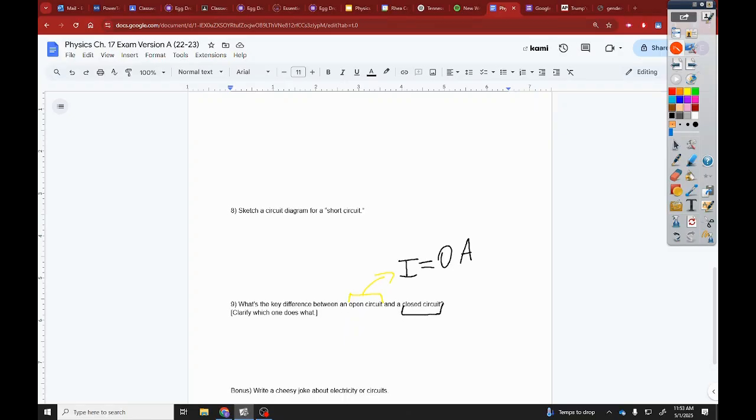This closed circuit, the current would be greater than 0. In other words, in an open circuit, there's no electricity flowing, so that's not of much use. A closed circuit, electricity is flowing, so then we can actually put that circuit to some use. And that's really all there is to it.